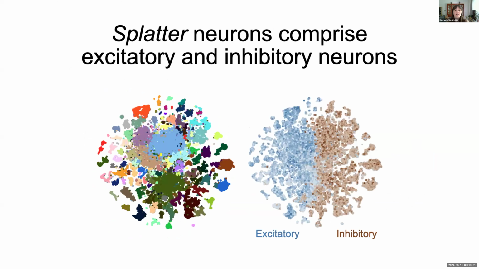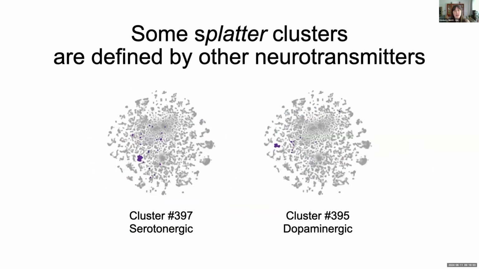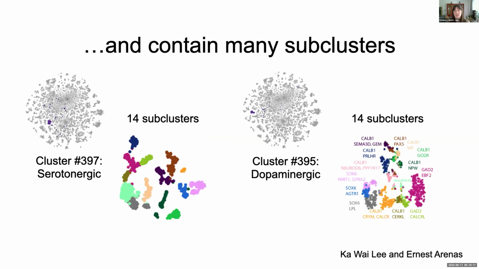It also contained excitatory and inhibitory neurons, as well as serotonergic and dopaminergic neurons, so other neurotransmitters fell into the supercluster as well. And even though we only sampled about 1,000 of these smaller groups of cells, we still ended up with 14 subclusters of each of these groups.